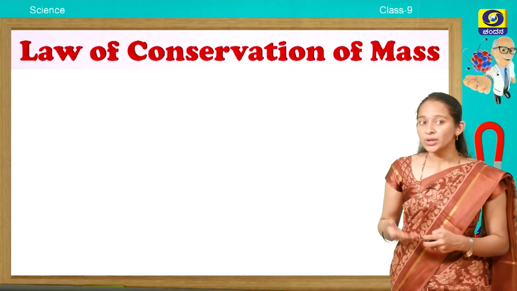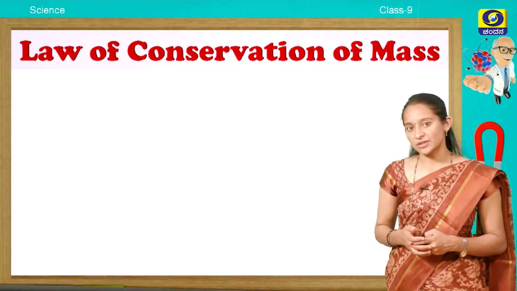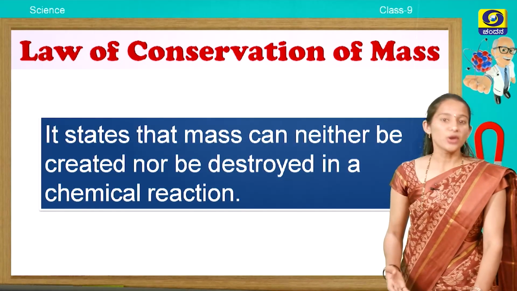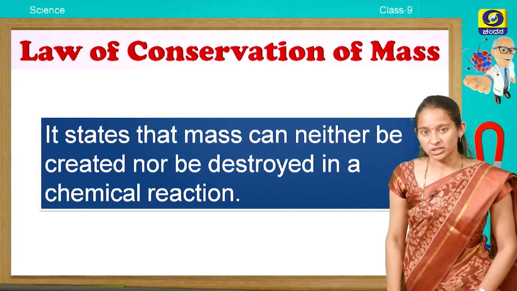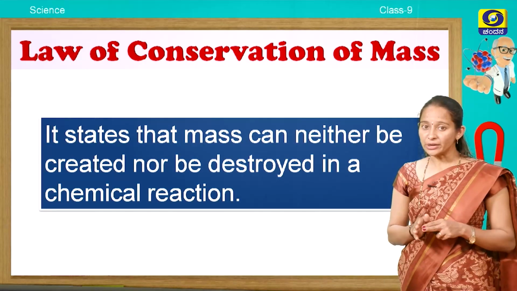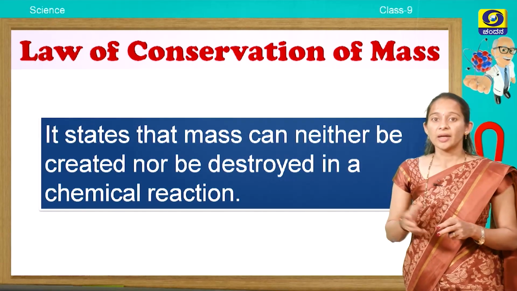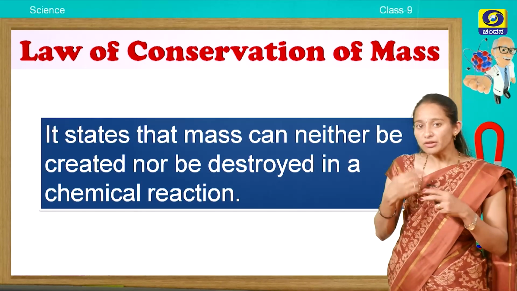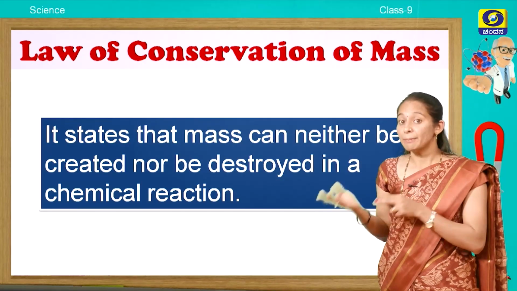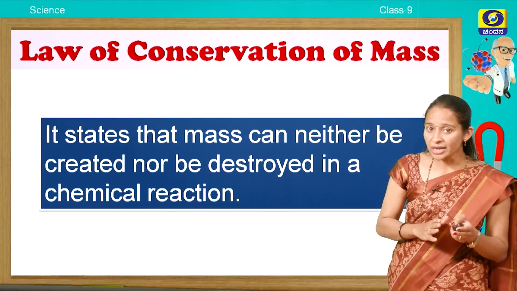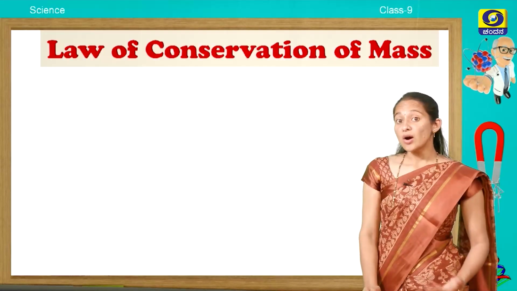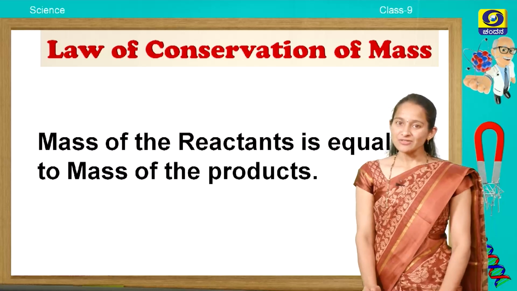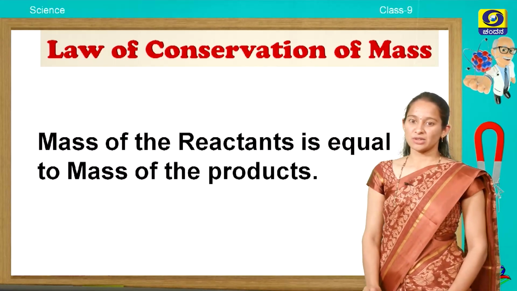Let us look at the statement of the law of conservation of mass. It states that mass can neither be created nor destroyed in a chemical reaction. That is, whenever a chemical reaction is taking place, the reactants are modified to form the products, but nowhere is the mass of the reactants lost. The law can also be expressed as: mass of the reactants is equal to the mass of the products.